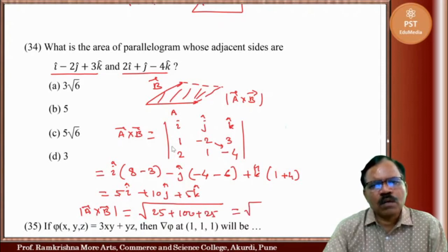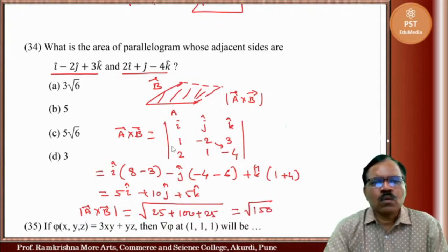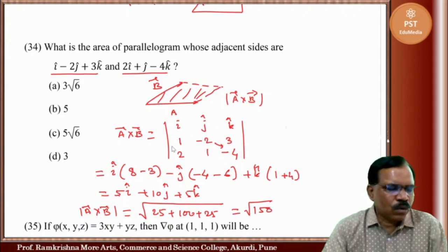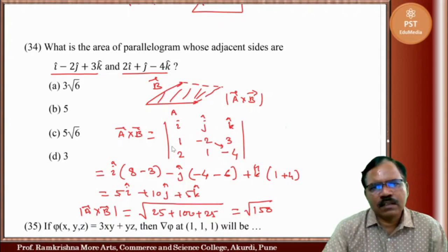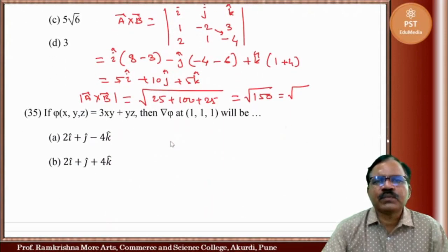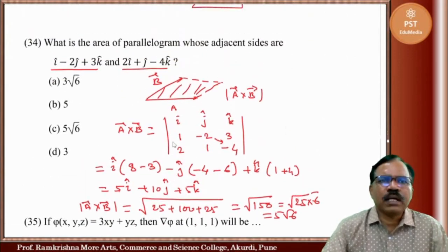So it is root of 150, and root of 150, you can write 25 into 6, so it is 5 root 6. So 5 root 6.